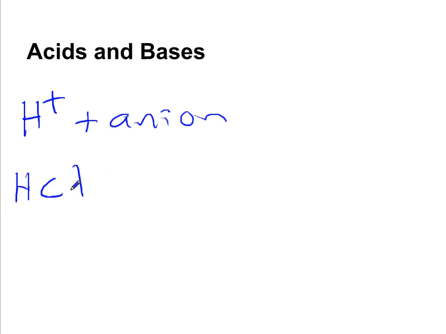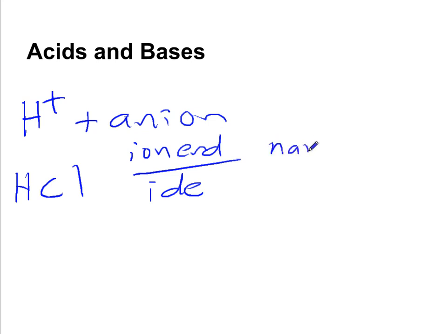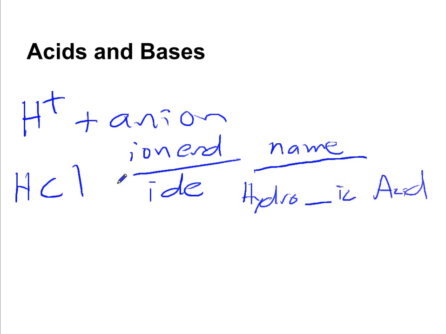So our rule is when the ion ending is IDE, we're going to change the name. We're going to add a hydro onto the front, and then we're going to put an ic in the word acid on the end. So hydrogen chloride becomes hydrochloric acid.